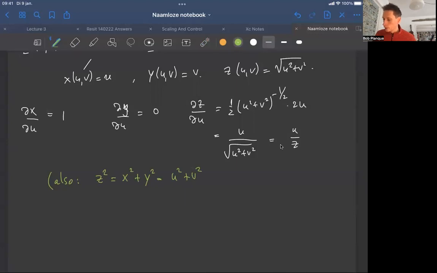And so if I take the partial derivative with respect to u, thinking of z as a function of u and v, I can say 2z dz/du equals 2u, from which it follows that dz/du is 2u over 2z, which is u over z.